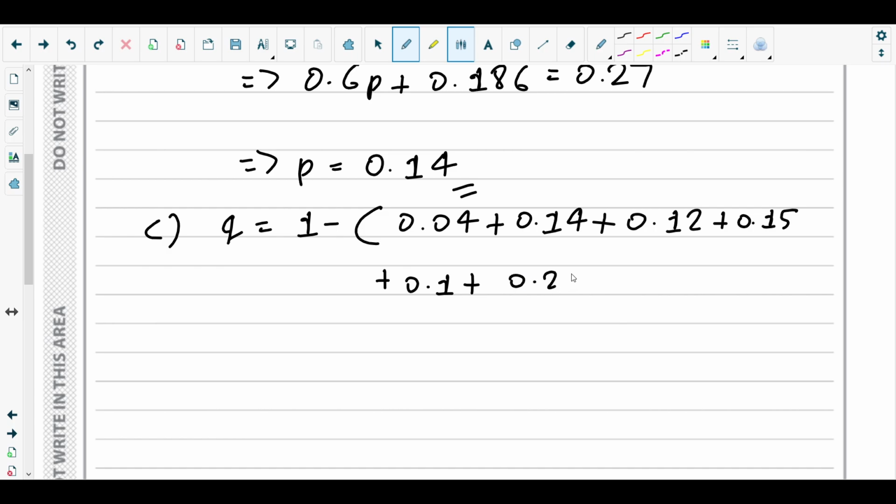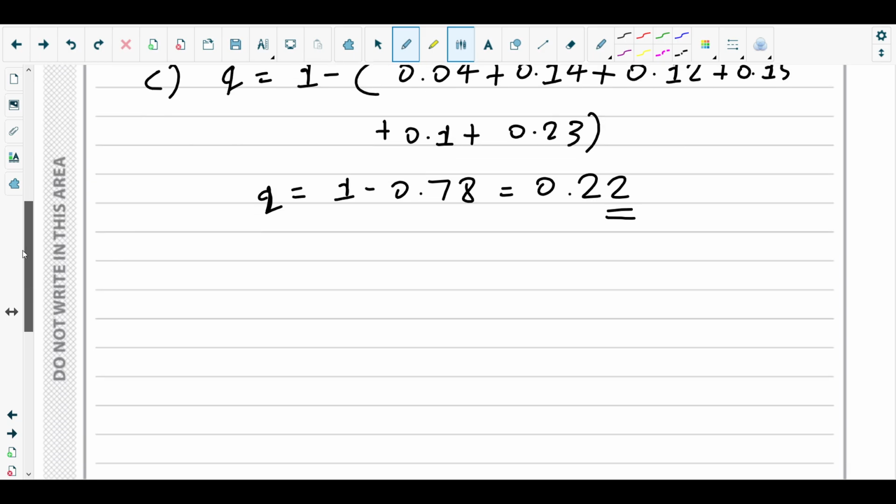It would give you 0.78, because 0.55 plus 0.23 gives 0.78. So we'll get 1 minus 0.78, which is 0.22. The value for Q is 0.22.